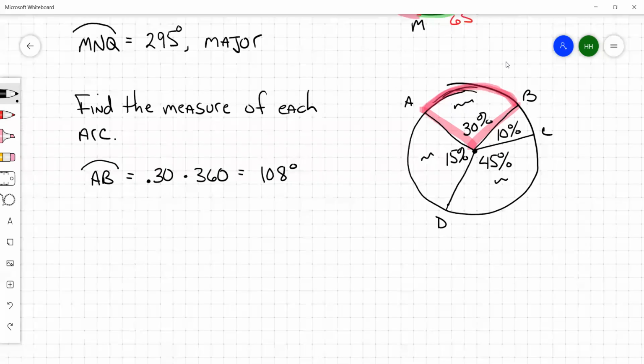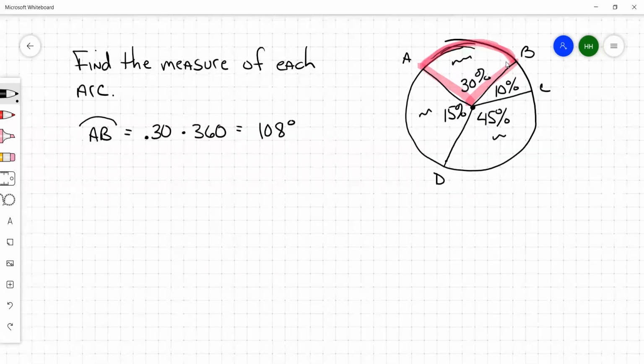Make sense? All right, if you need arc DC, arc DC has a corresponding central angle that represents 45% of 360. So its arc will represent 45% of 360. So we go 0.45 times 360.